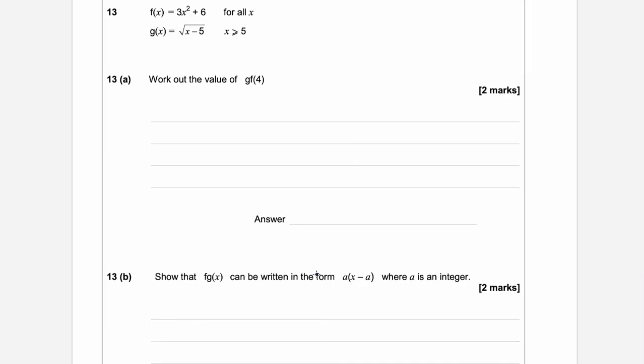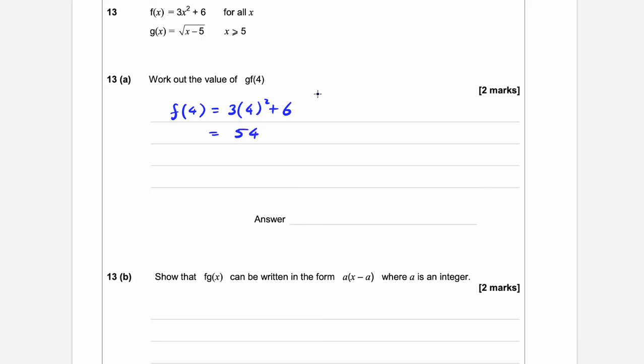Question 13. Functions. Okay, f of x is this, g of x is this. Work out the value of gf of 4. Firstly, we get f of 4. f of 4 equals 3 times 4 squared plus 6, that's 16 times 3, 48, plus 6 is 54.